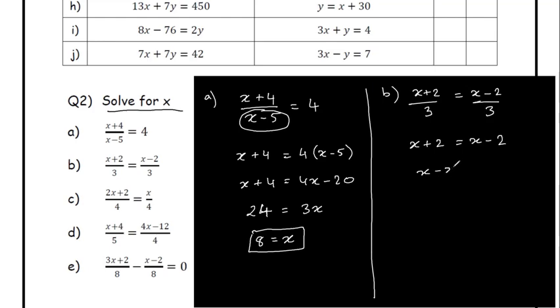That is, x minus x is equal to minus 2 minus 2. So you got nothing. The left hand side is not equal to the right hand side. And hence, there is no value of x that would satisfy the expression which is given in B. So when you solve for x, there is no value of x that will satisfy this equation. Got it?